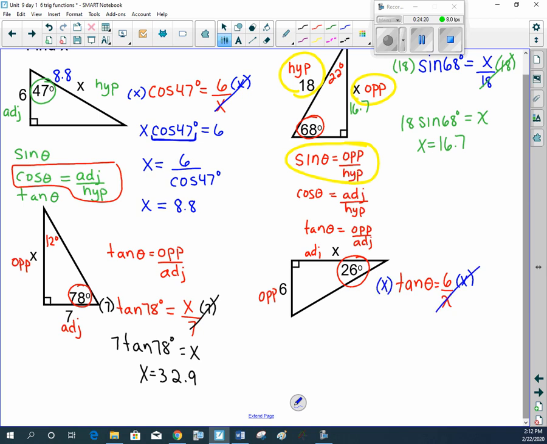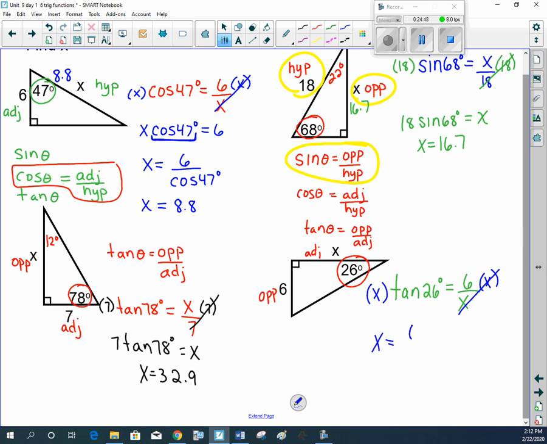Then I'm going to end up dividing by, whoops, I wanted to put, not tangent theta, I want to put tangent of 26. Let me rewrite that. So tangent of 26 equals the opposite over the adjacent, but I'm still going to multiply by x to solve. And then I'm going to have to divide by the tangent of 26.